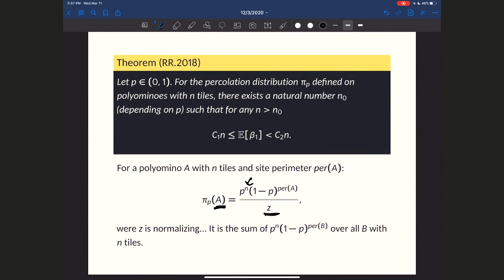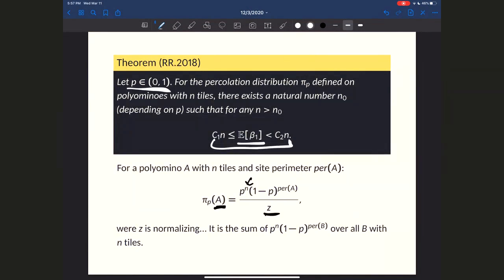I prove in my thesis that for any p that you select, the expectation of the perimeter grows linearly with respect to the number of tiles. In the Eden model, it would be with respect to the time.